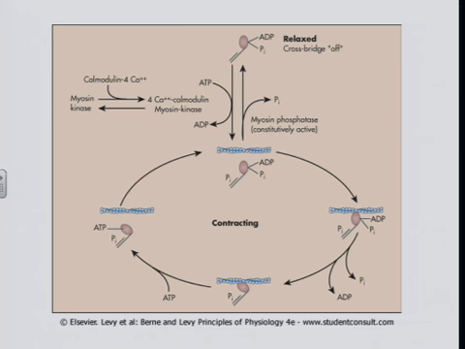So it phosphorylates the channel. So it puts a phosphate group on, and the phosphate goes on at a regulatory site. And what does that do? Well, that allows the whole system to proceed.